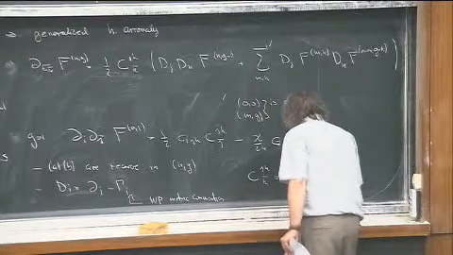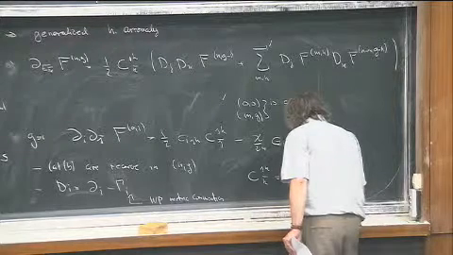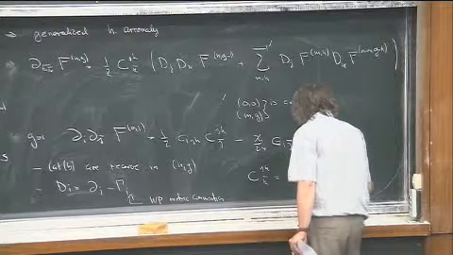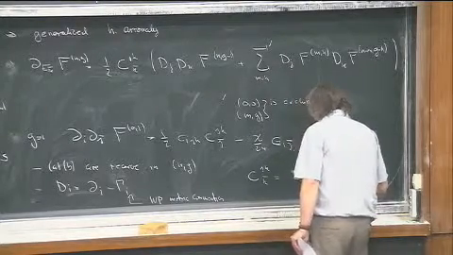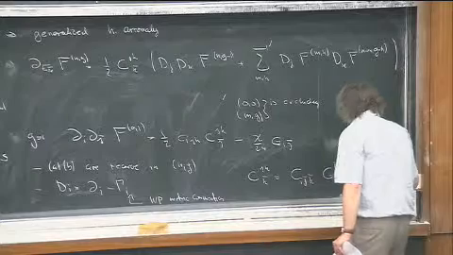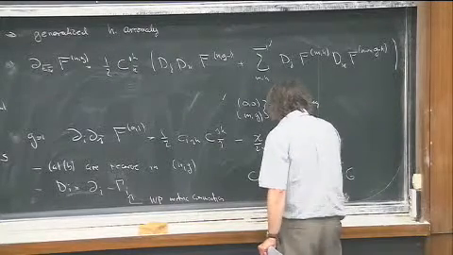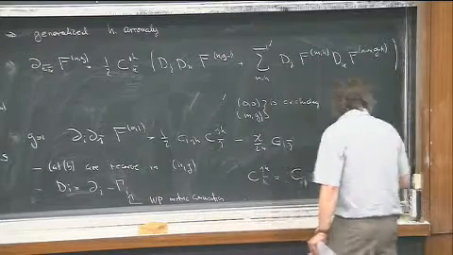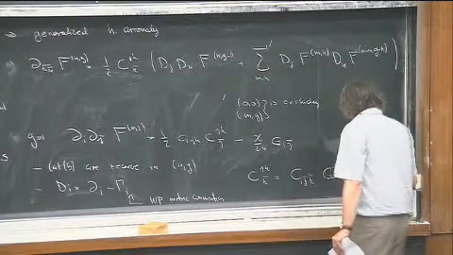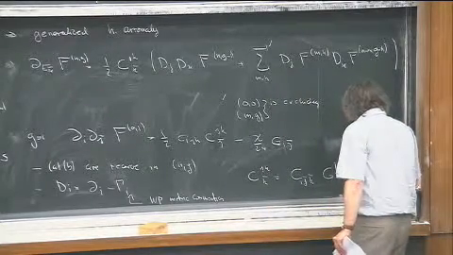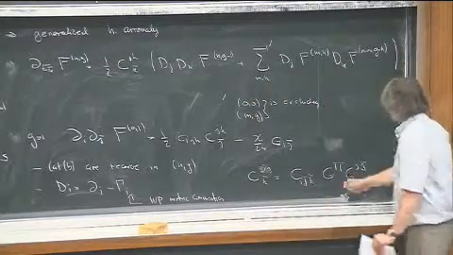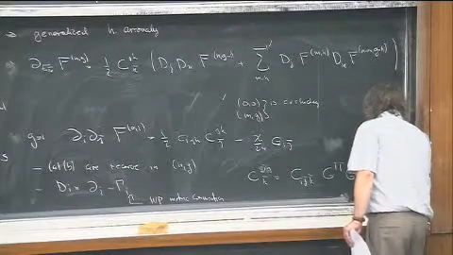So this is basically C_{J̄ Ā Ī}, which also comes from the metric, and here is also a factor of the Kähler potential.